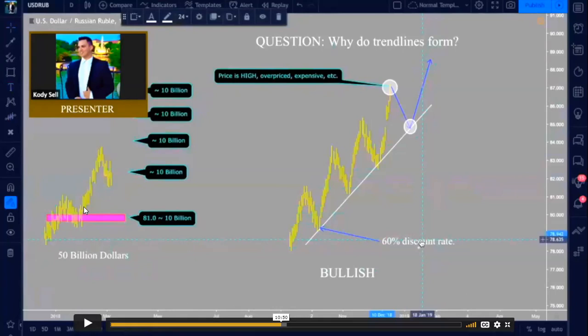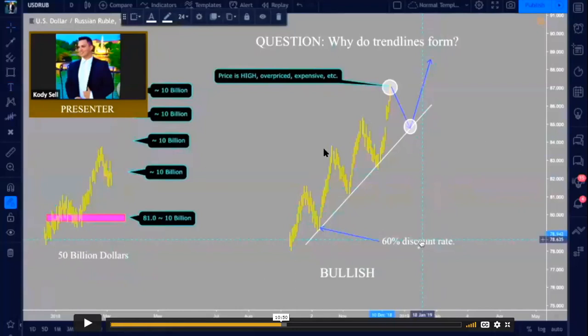Then, as he's explaining, when price is driven up, it has to come back down in order to continue to go up higher. Because look at this. You see where price is right here? It's at 81 and a half, almost at 82. But you see this peak here?